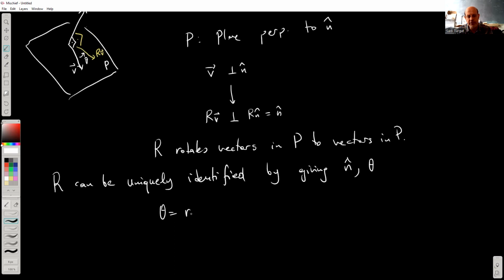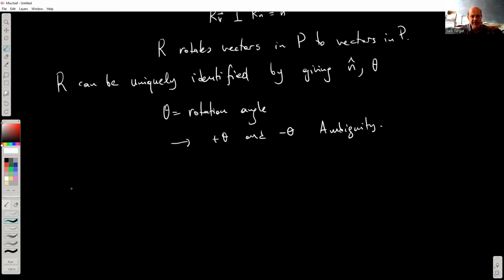So theta is the rotation angle. The rotation angle also has some kind of ambiguity: plus theta and minus theta. In any case, we remove this ambiguity by using the right-hand rule. Let me describe this, because this is something that I use a lot when we are describing rotations.